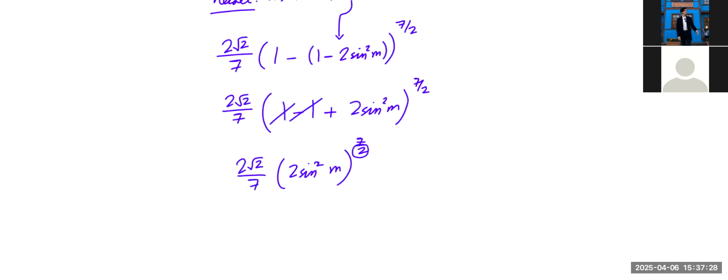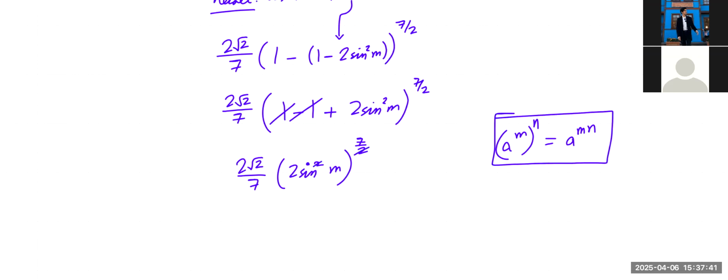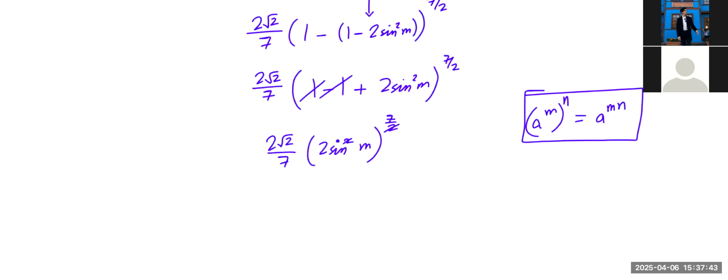Ignore the 7 for a second. If you have a power on a power, you can multiply the powers. This is a law of indices. So the 2 and the square cancel each other out, the division by 2 and the 2 cancel each other out, so you end up with 2 root 2 over 7 times 2 sine to the power of 7m.